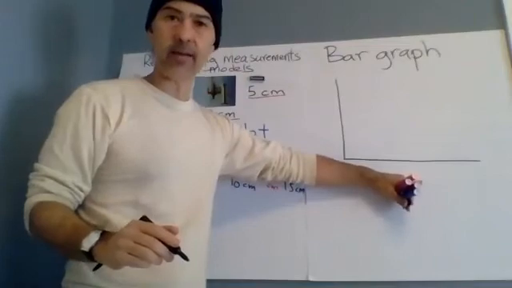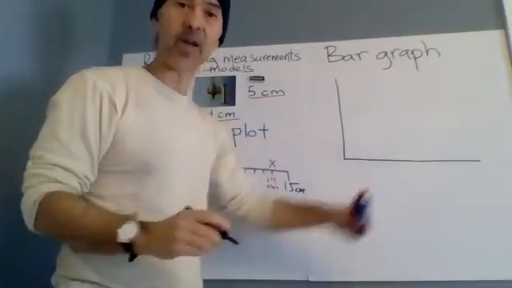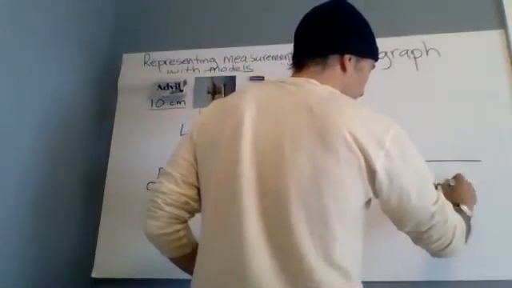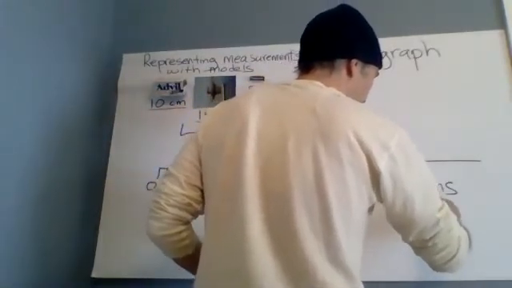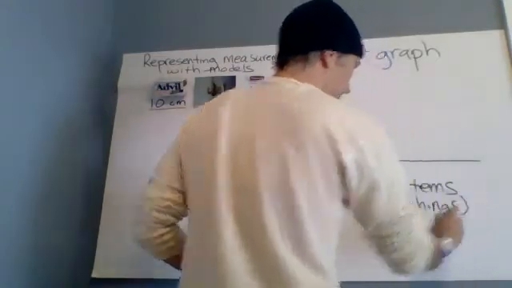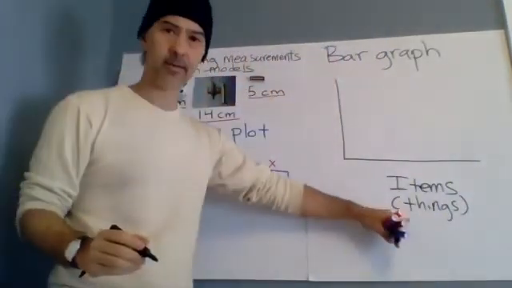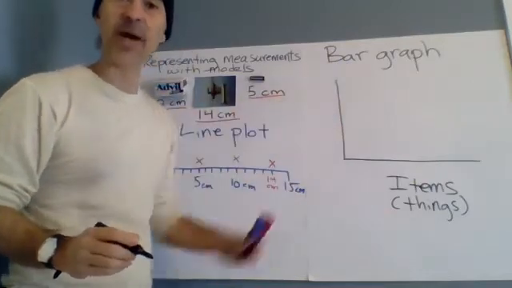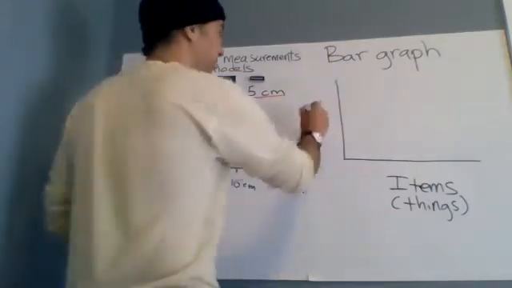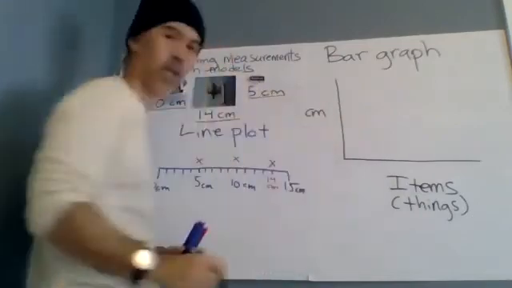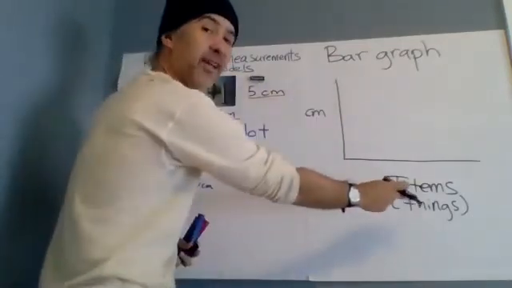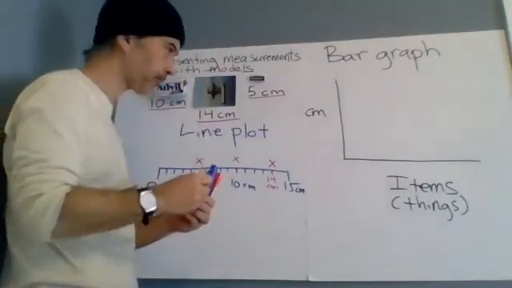On this line are my items that I measured. So I'm just going to call this line items, or things that I measure. Okay, that's this line. This line shows my centimeters, my measurements of the things that I measured.